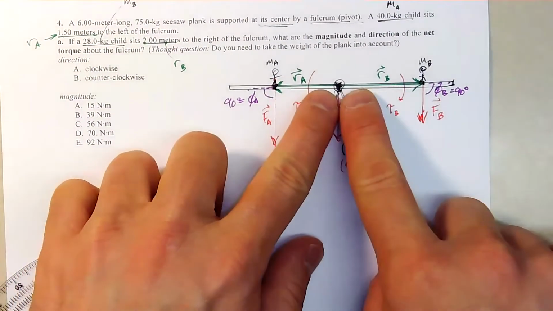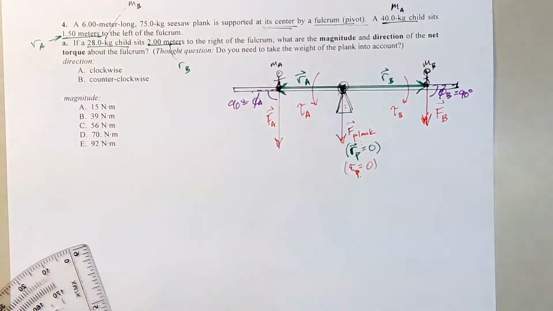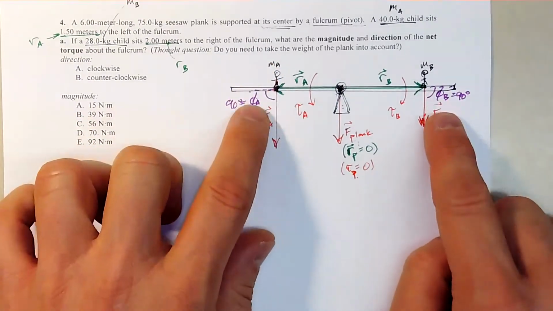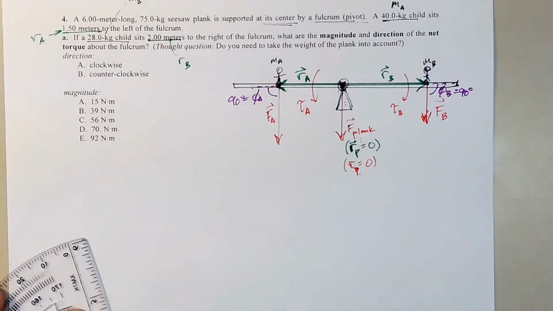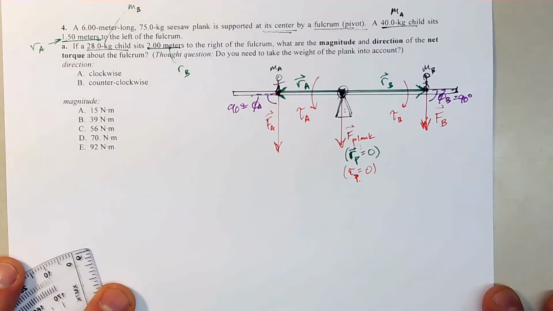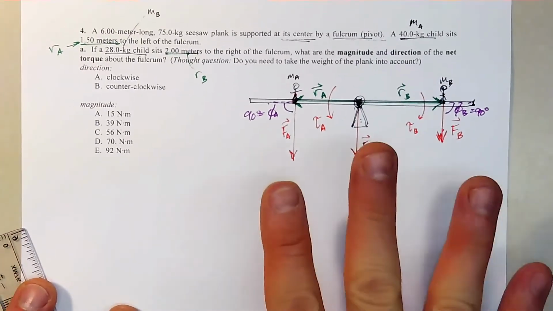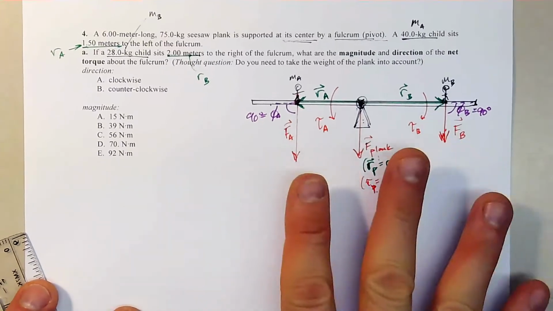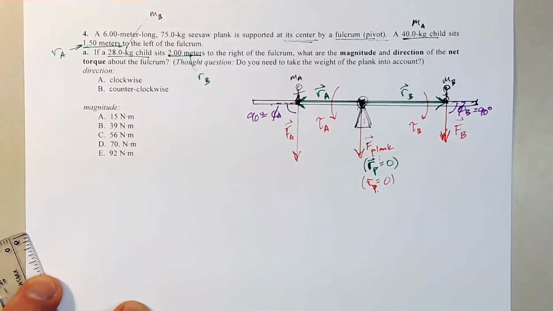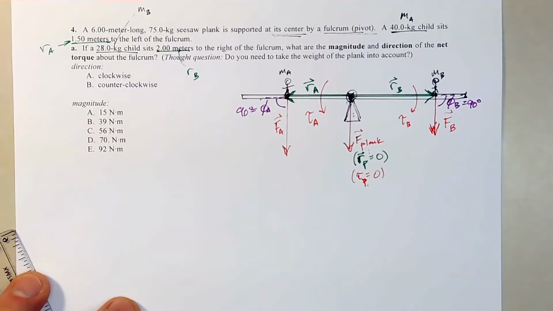The R vectors, however, follow the plank. So then both of the phi values would start to change. One would get bigger and the other would get smaller. But at the moment shown here, which is usually the situation I'm going to give you when there are seesaw problems, we'll assume that it's always this sort of perpendicular situation where the seesaw itself is exactly horizontal.